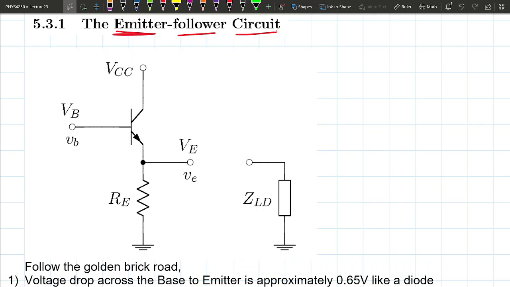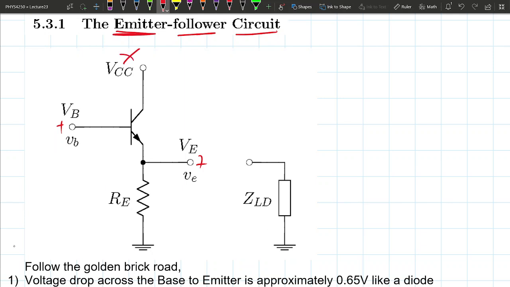So the total voltage here is the sum of these two things. The voltage at the emitter is also a combination, a sum of the constant part and the time-dependent part. Up here, VCC, this is the voltage at the collector.